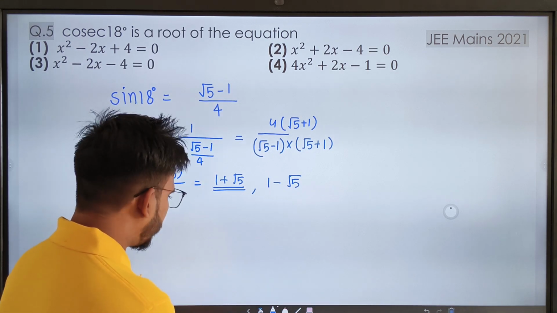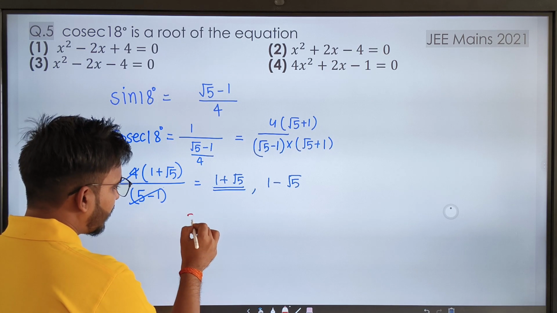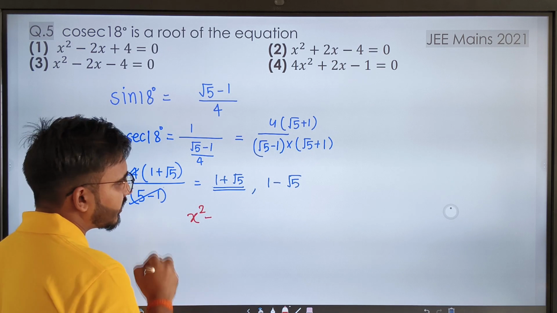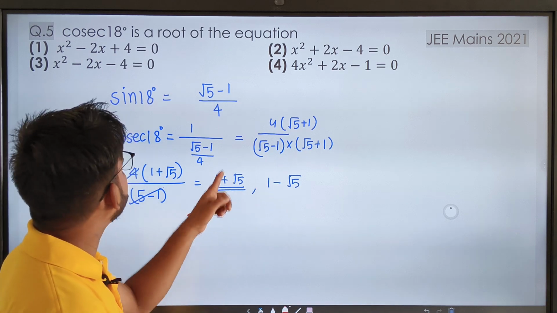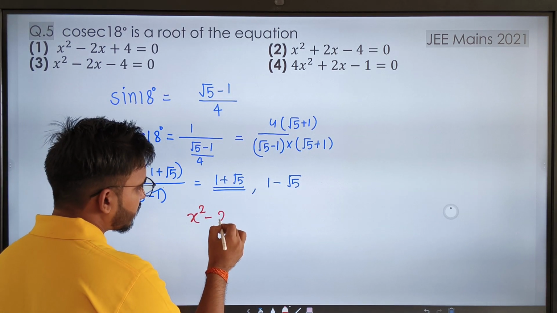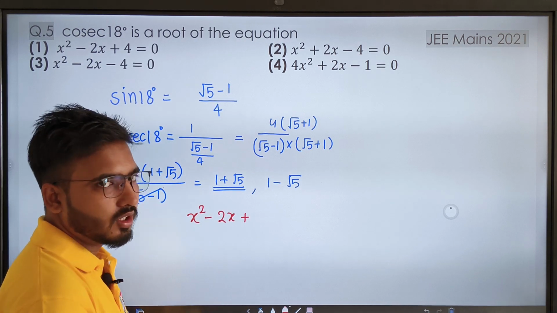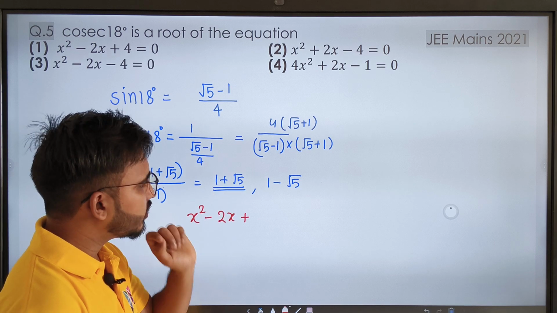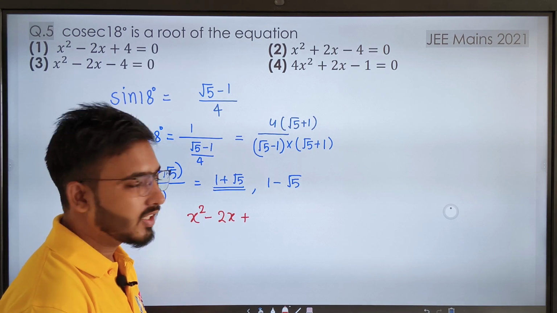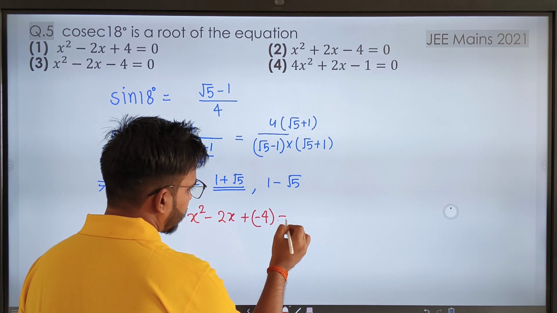So if it is 1 minus root 5, we can write down that quadratic equation very simply. That is going to be x square minus sum of roots. If we add them, root 5 and root 5 will cancel, and we'll get x square minus 2x, plus product of roots. If I multiply, it is going to be 1 square minus 5, that is minus 4, equals to 0.